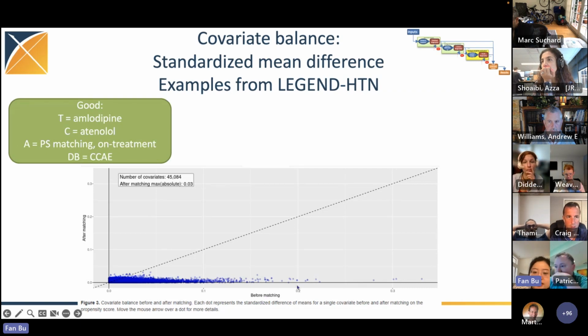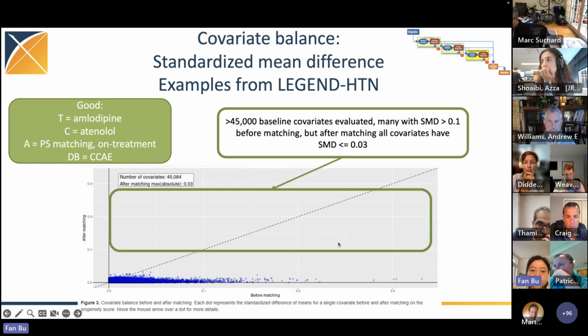The x-axis is the difference before we do the matching, and the y-axis shows the difference after we've done the matching. If we look at the horizontal line of 0.1 right here, we notice that after matching is done, all the SMDs are below 0.1. That's a pretty good sign, meaning that we have done a pretty good job of balancing out the baseline features between the two cohorts.